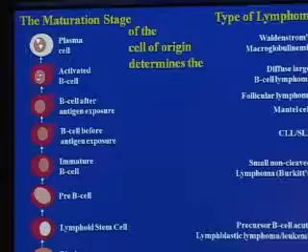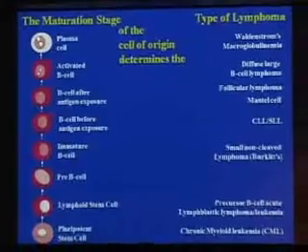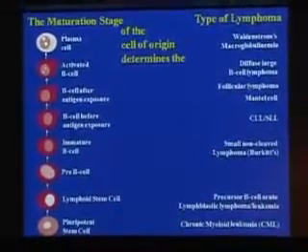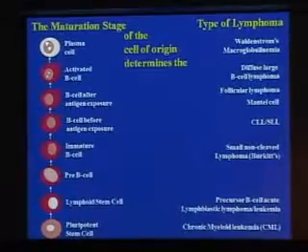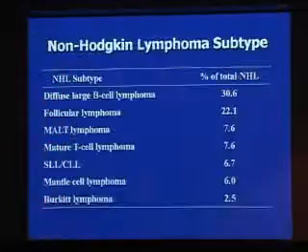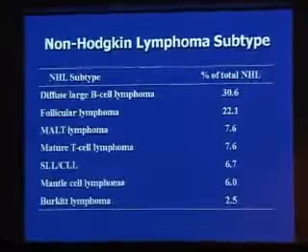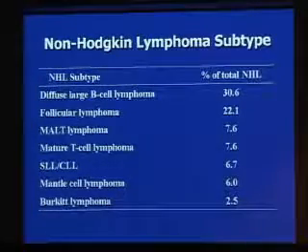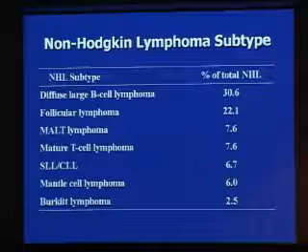As you know, there are quite a lot of different histological subtypes of non-Hodgkin lymphoma, arising from the different stages of lymphocyte maturation. The subtype classification system has changed over time, and there are very complex, different classification systems.